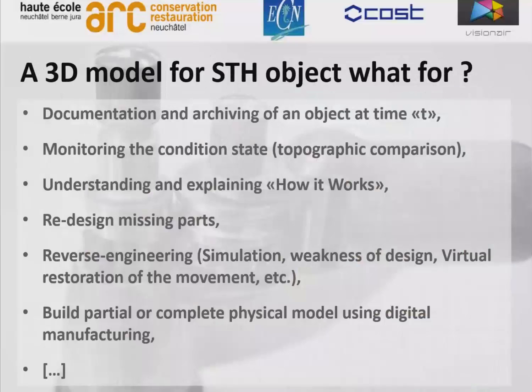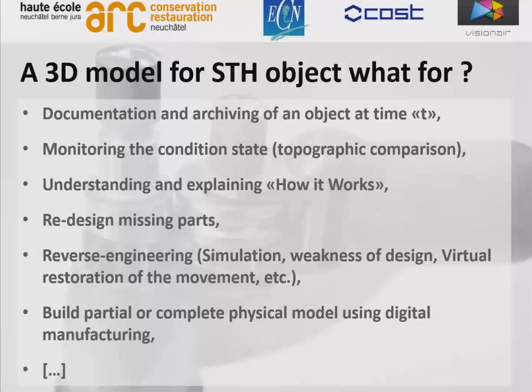So why do we want to have a 3D model of such scientific and technical objects? We can have a lot of uses of the 3D model, and I show you here some examples of the goal of this digitalization. For example, we want to document and archive the object at the time t.